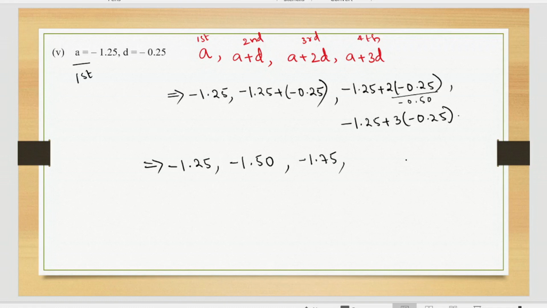The next one is 3 into -0.25, which is -0.75. So -1.25 minus 0.75 is -2.0. So these are the 4 terms of an AP. Clear?